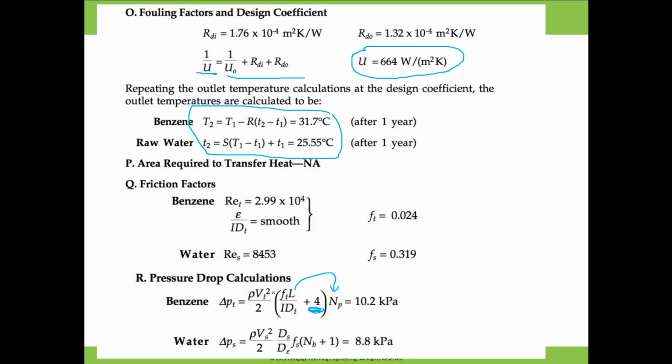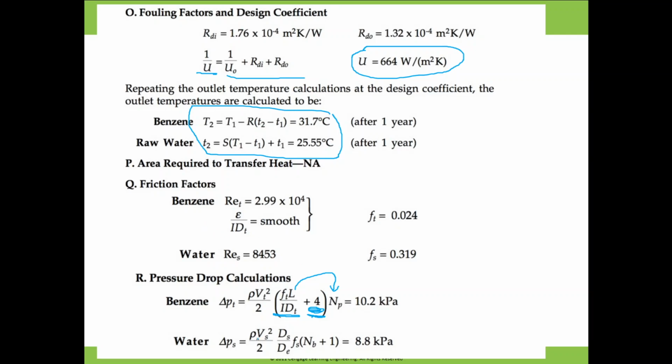So when we calculate the tube side pressure drop, it is equal to 1/2 rho v_t squared times (f L over ID plus 4), and this whole is multiplied by the number of passes. The first term is indicative of the friction pressure drop, and the second is the pressure drop due to the minor losses.